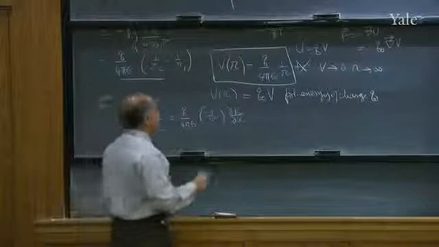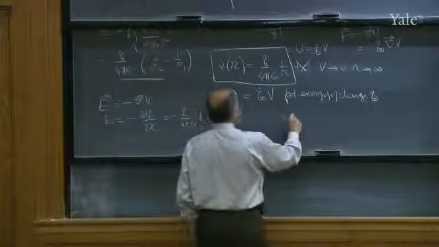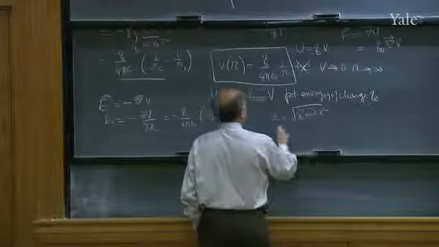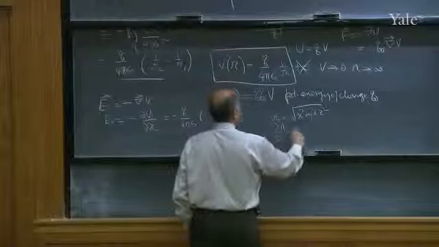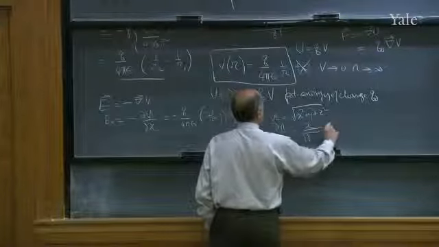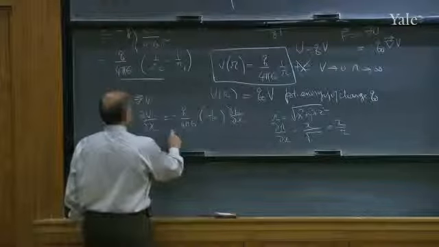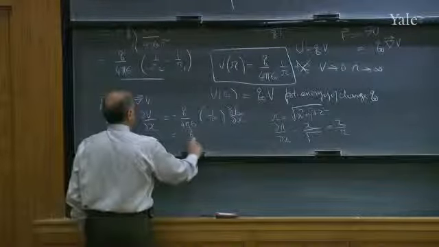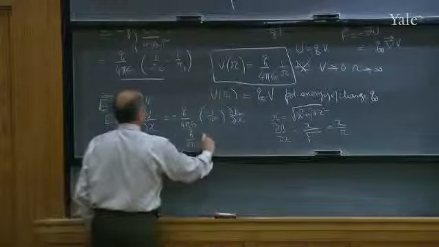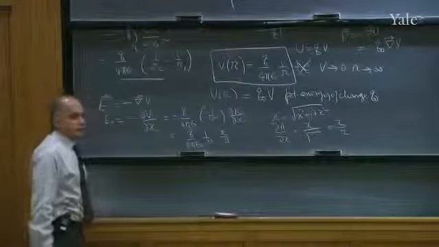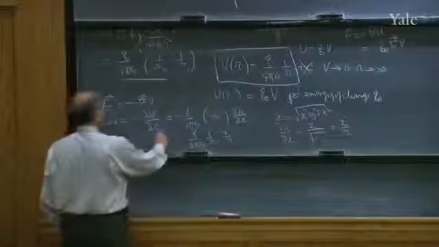What is dr dx? R is the root of x squared plus y squared plus z squared. Dr dx is just x divided by R. So this becomes Q over 4 pi epsilon 0, 1 over R squared, x divided by R. This is Ex.